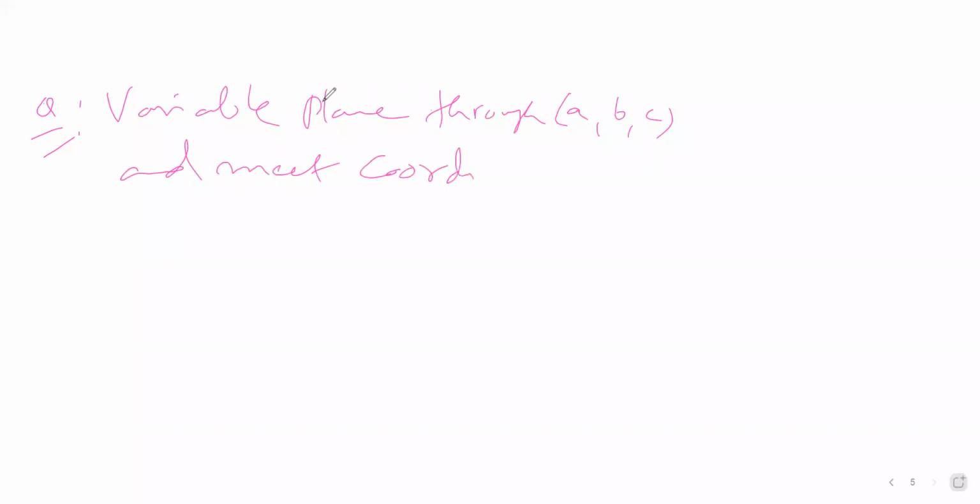The question is: a variable plane passes through a fixed point A comma B comma C, and meets the coordinate axes at A, B, C.